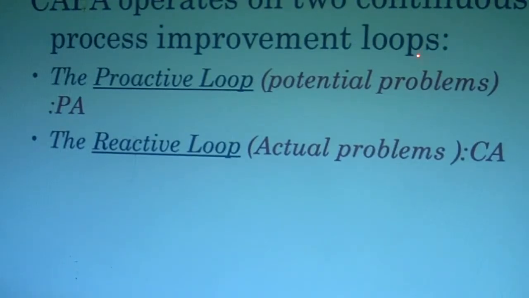So you start a corrective action request for corrective actions, and for preventive action you start the whole process using a preventive action request. The first one is proactive, in that you are finding things before they happen. The second piece is reactive, in that you are reacting to things after they have happened already. Okay? Alright. Let's move on.